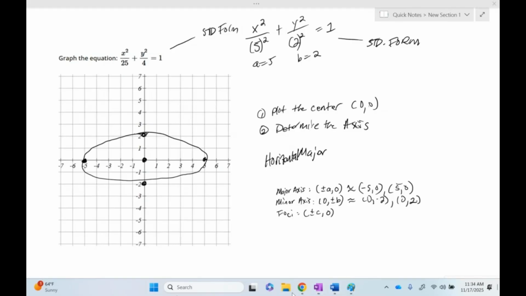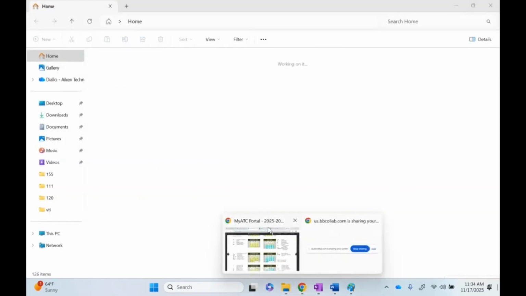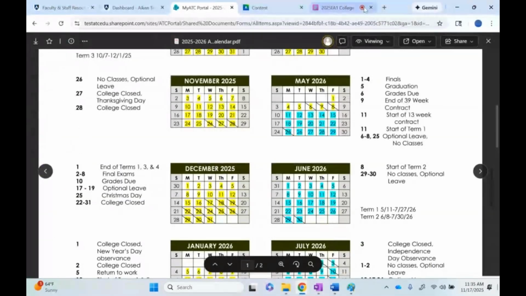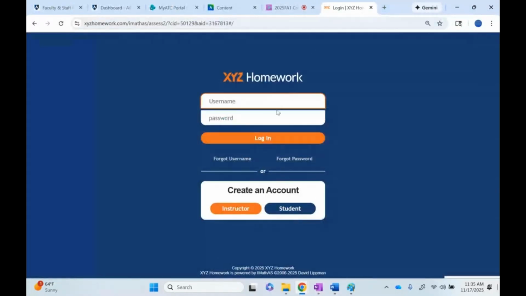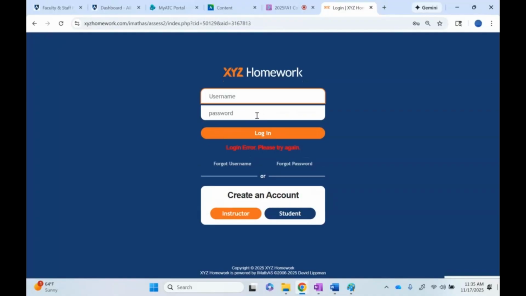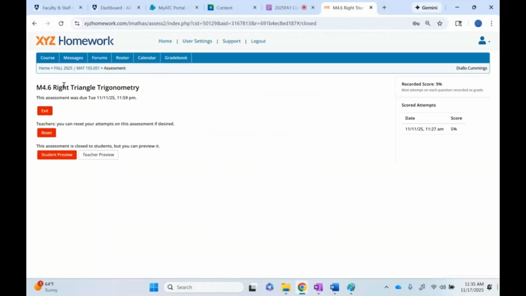As far as the XYZ homework is concerned, I should have that problem up. Let me just bring it up, because it's a little bit different using XYZ homework.